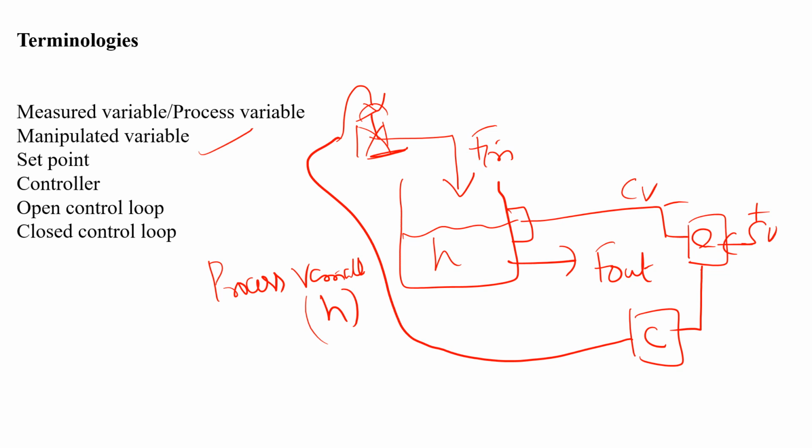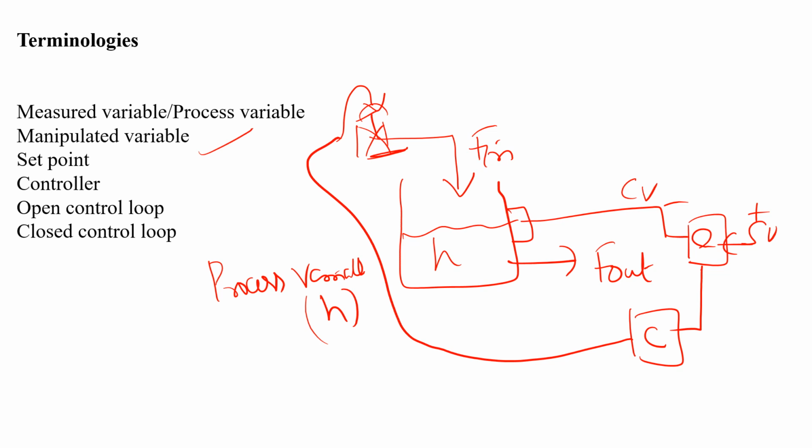For example, let us take a shower. While we take a shower, the important variable or the process variable is the temperature of the water. The temperature of the water should be comfortable for the person who is taking the bath. So the process variable is the temperature of the water. The manipulated variable is, suppose your heat is too much, then we have to control the heat so that the temperature will be maintained, which suits the human body.